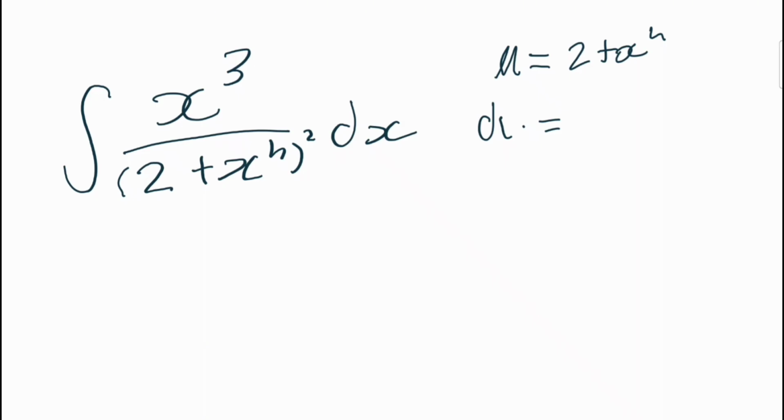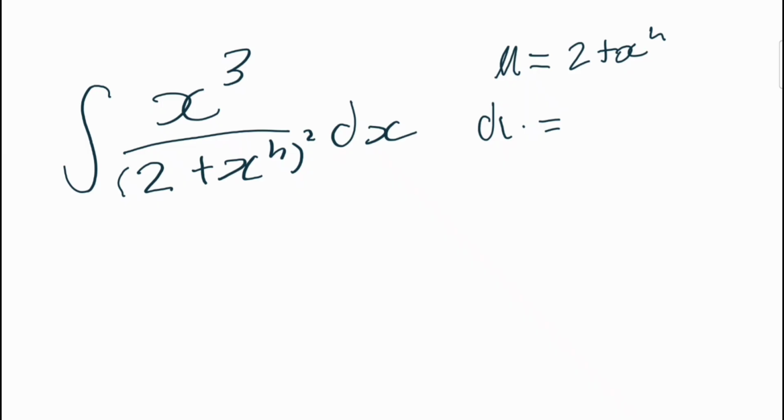So the derivative of 2 plus x to the 4th: 2 is a constant, so that is 0. So 0 plus x to the 4th.